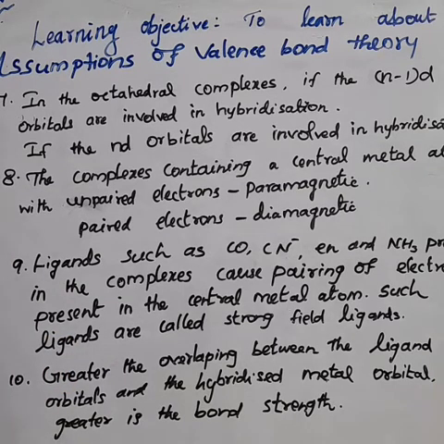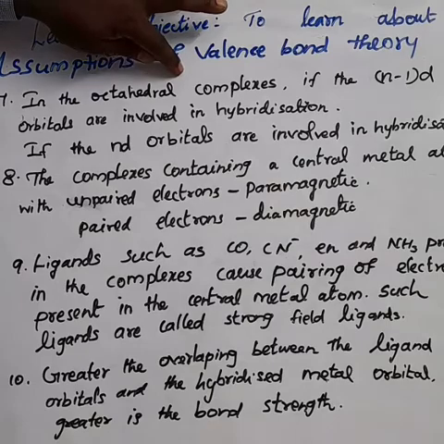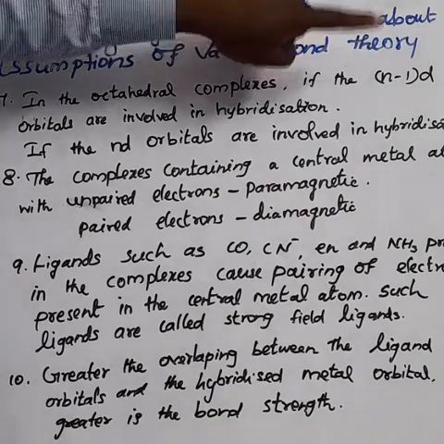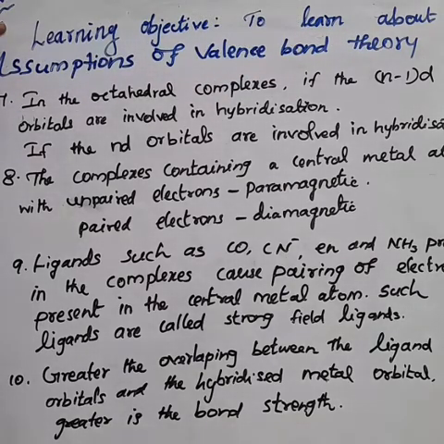What is the inner orbital complex? In the octahedral complex, if the (n-1)d orbitals are involved in hybridization, it is called an inner orbital complex, otherwise called low spin complex or spin paired complex.